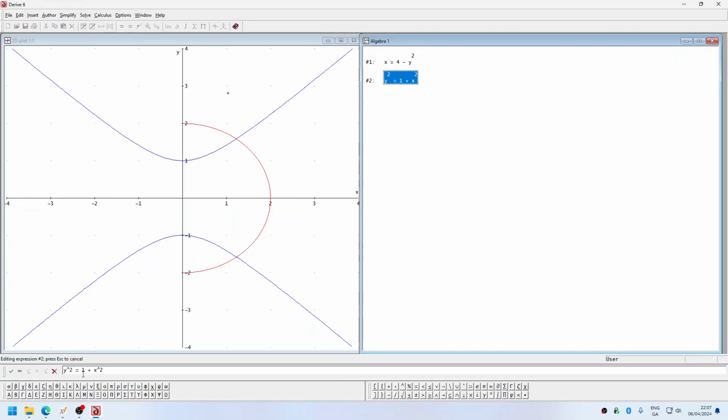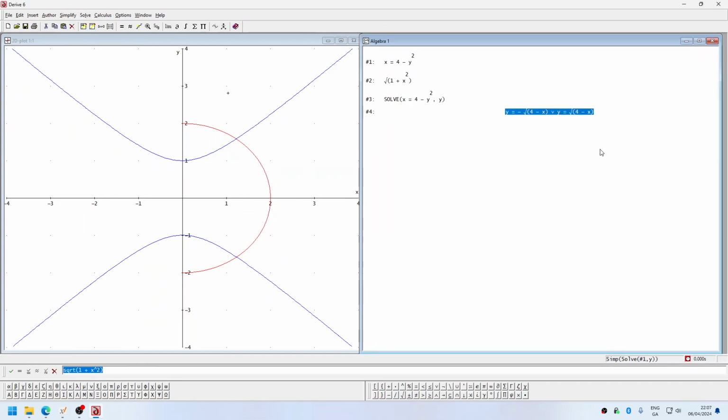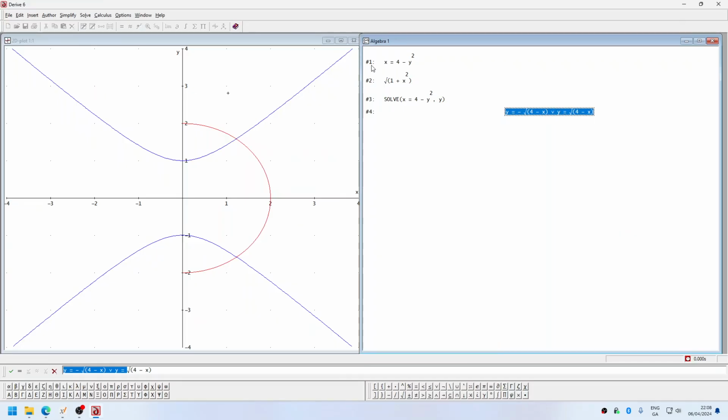So I can definitely say that's square root. Take a positive one only. Did I make a mistake? Oh yeah, I left out the root here.